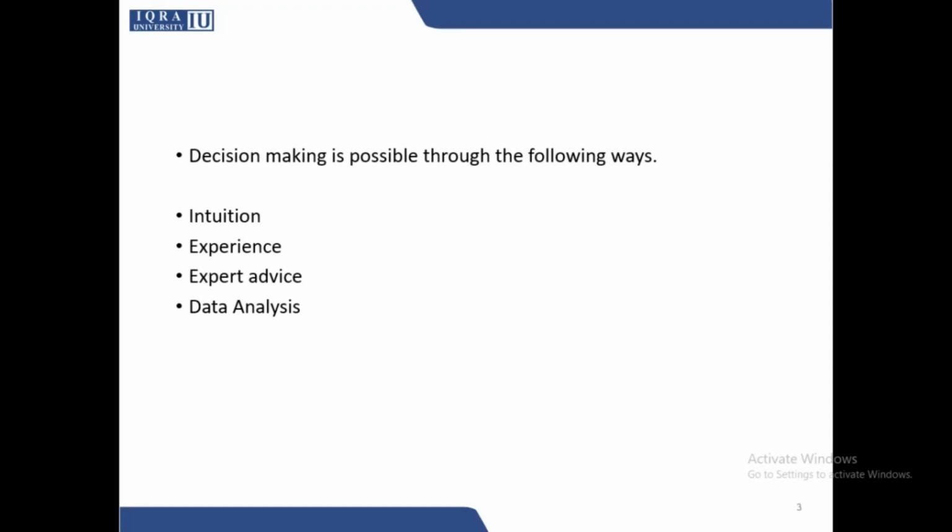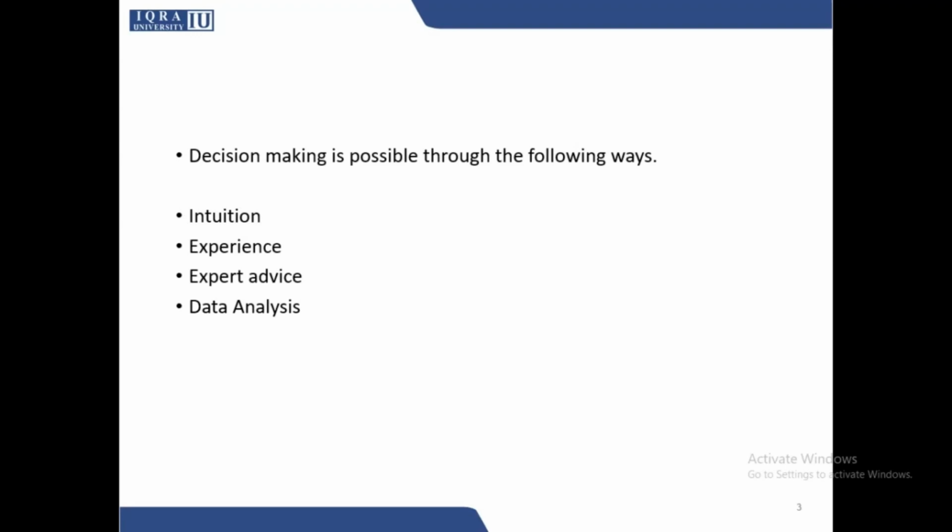So, in order to do research, decision making is very crucial and is possible through the following ways. Intuition. Decision making is directly related to the intuitions that you have, your gut feeling, right? So what do you think might be the possible solutions for any problem? Experience, what your experience tells you about the solutions of any problem.